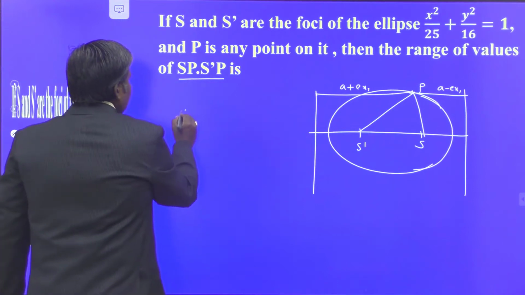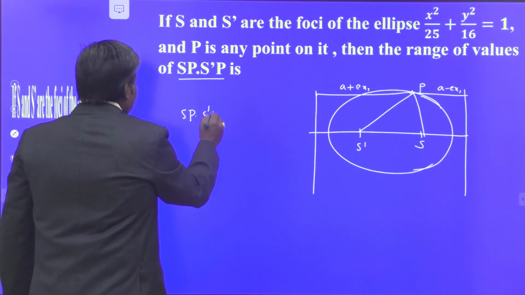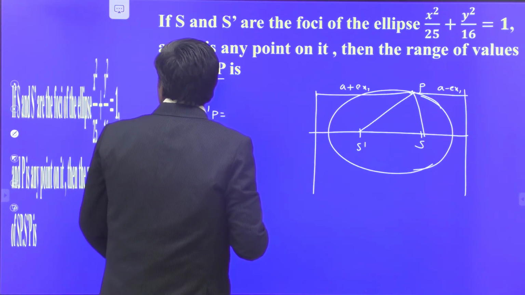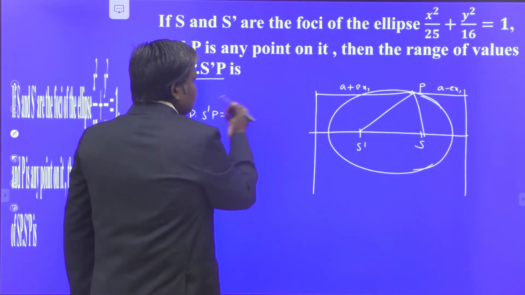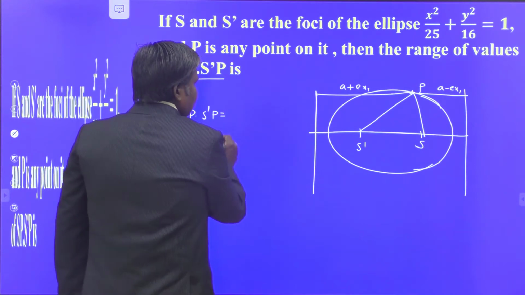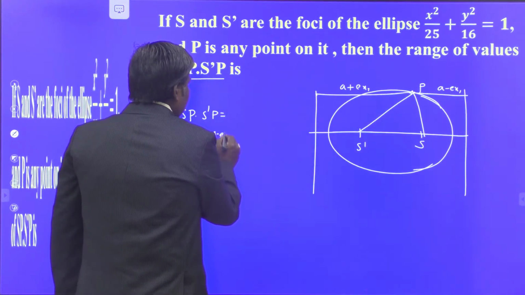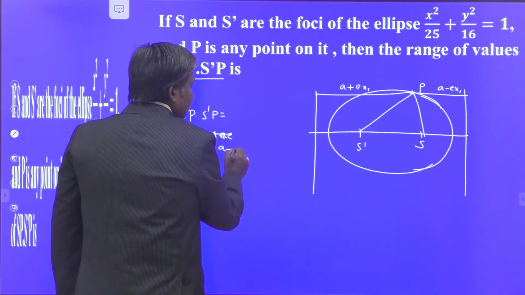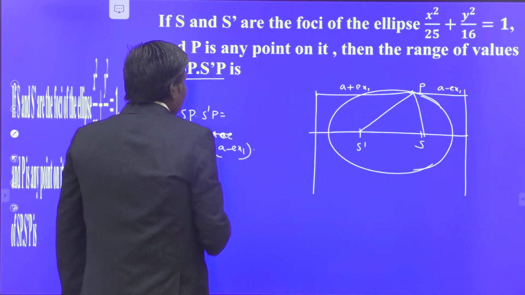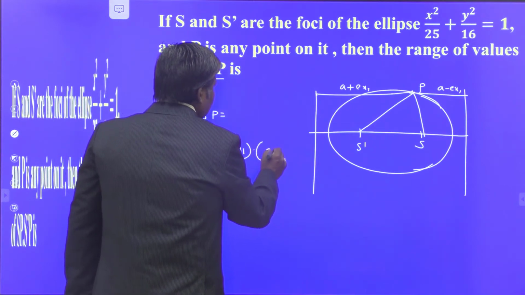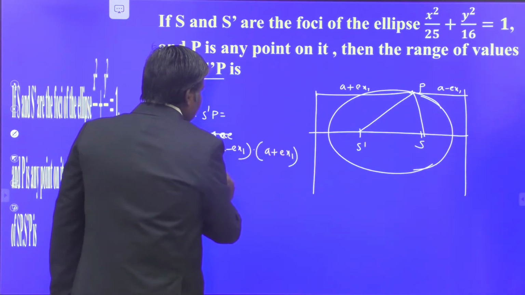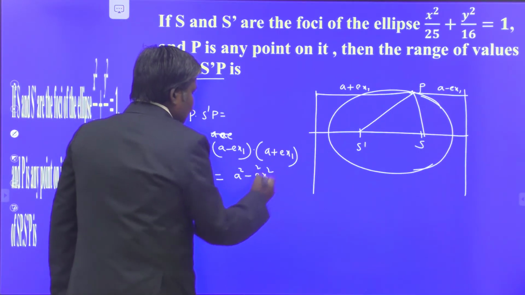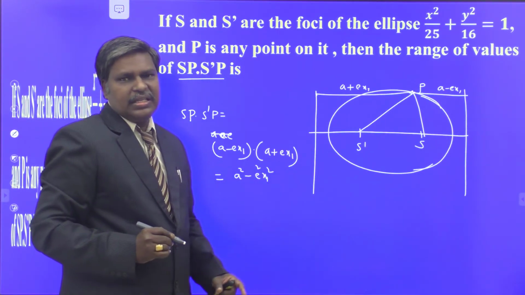Therefore, SP into S dash P may be taken as A minus EX1 into A plus EX1. That is nothing but A square minus E square x1 square.